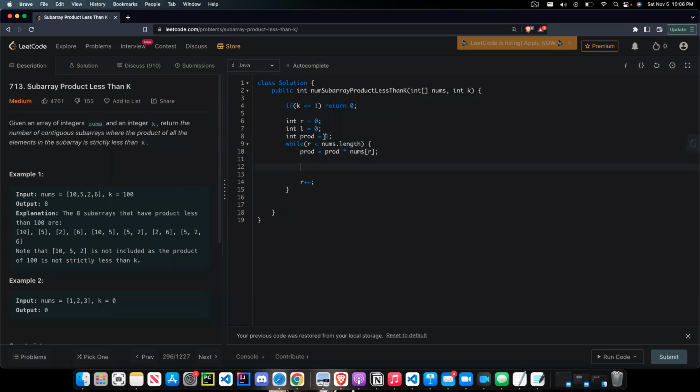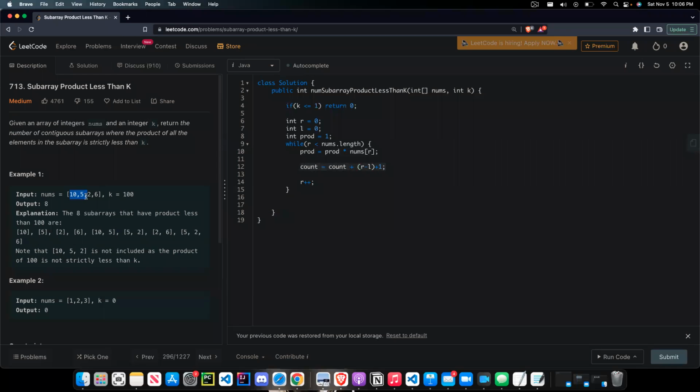And so the idea here is that instead of saying if the product is less than k, we'll start by assuming that it is, and we'll say count is equal to count plus right minus left plus 1. This statement means that as you add another element, it will count all of the subarrays within it.